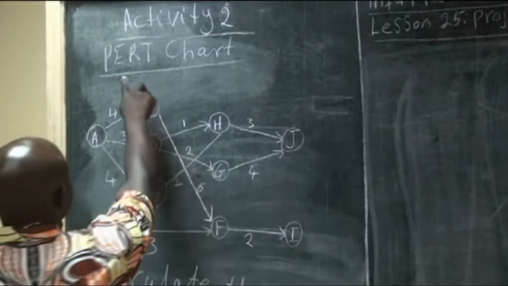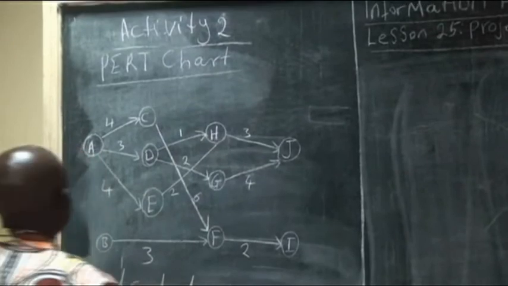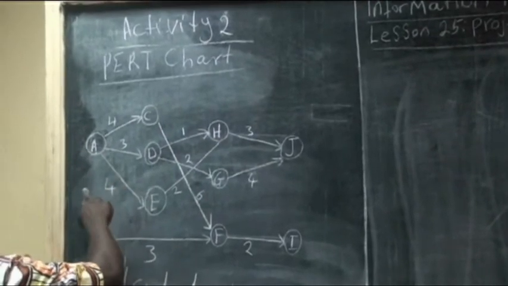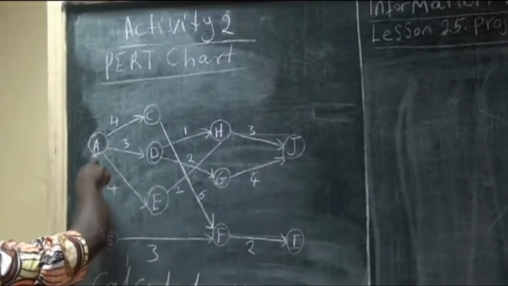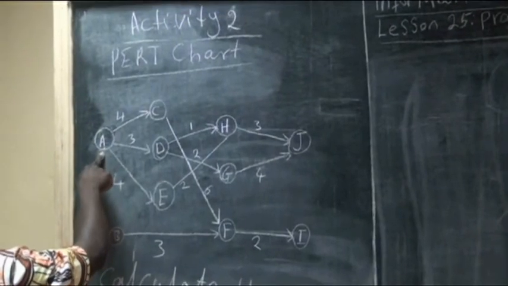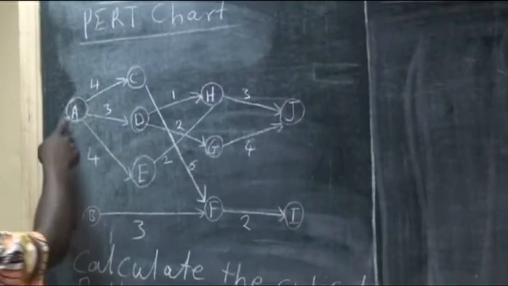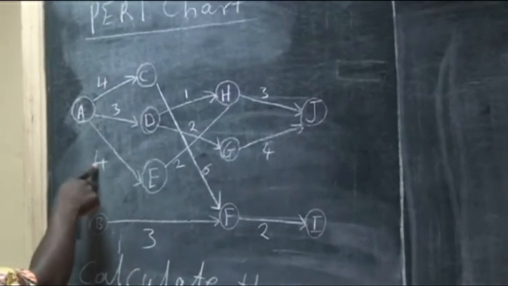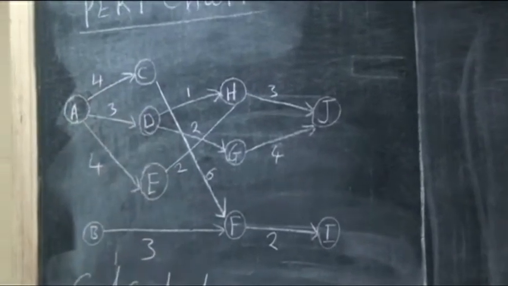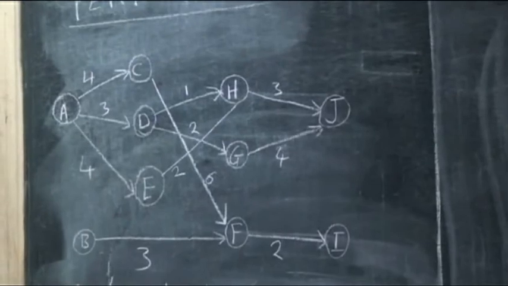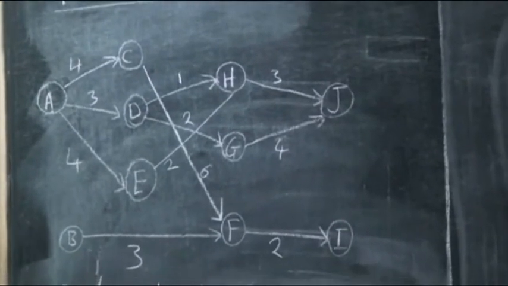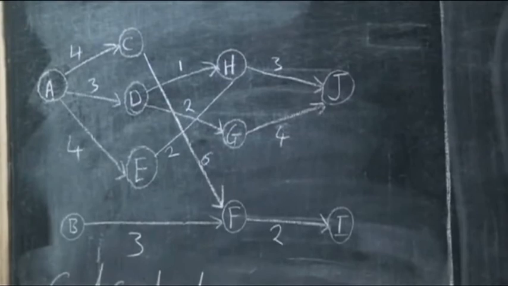Activity 2, PERT chart. A PERT chart is made up of nodes or circles that represent the activities, labeled by letters of the alphabet. The arrows show the time duration of each activity. In this activity, we are going to calculate the critical path.